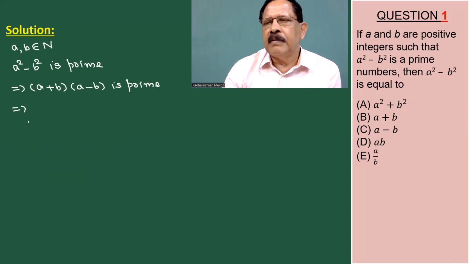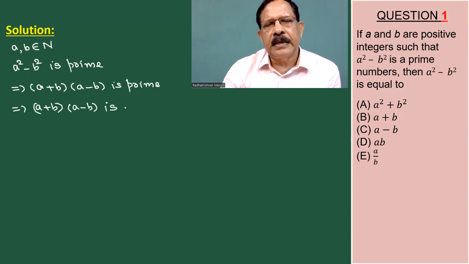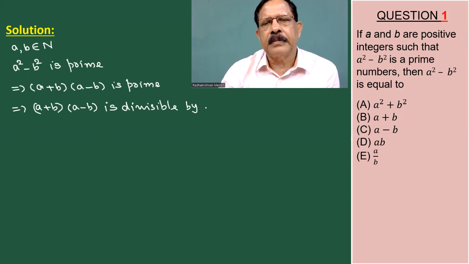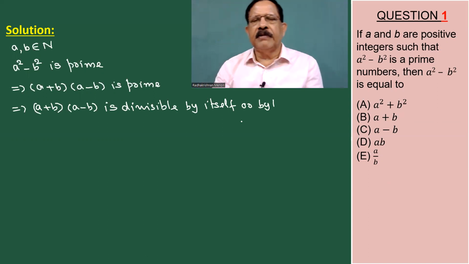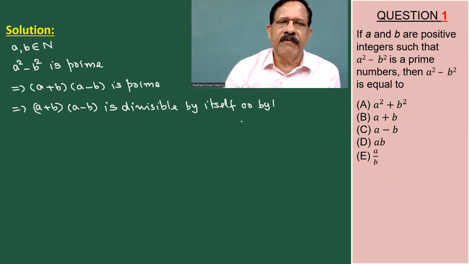Which implies property of prime number: A plus B into A minus B is divisible by itself or by 1, because a prime number is divisible by itself or by 1, property.